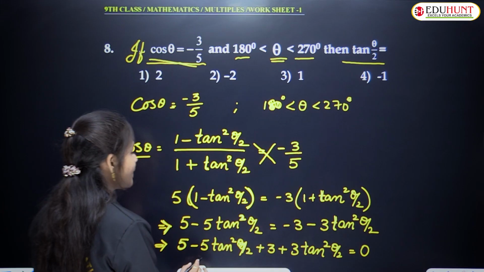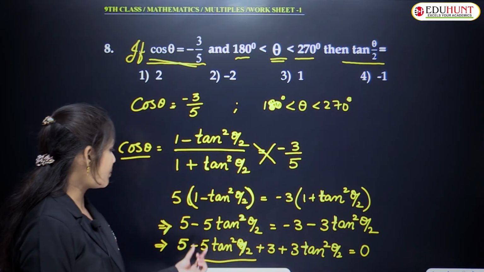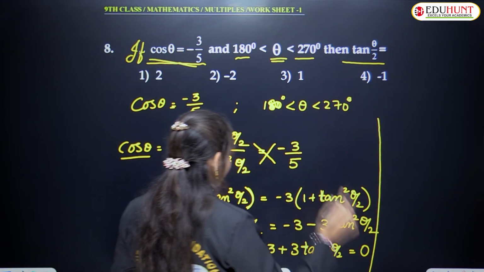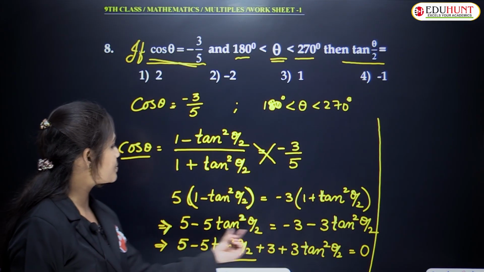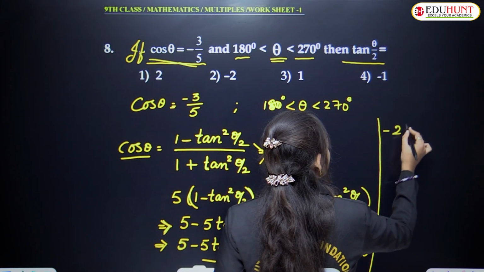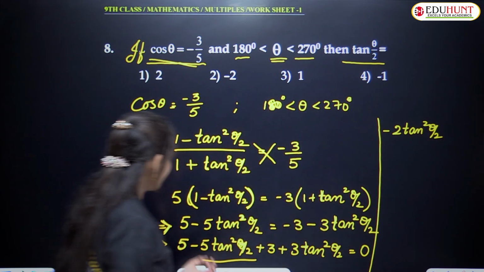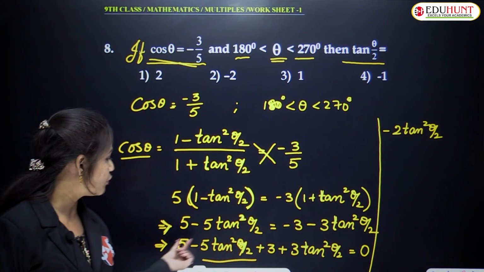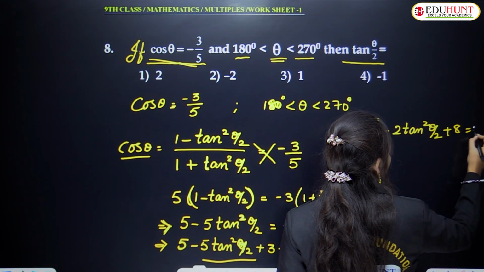So minus 5 tan square theta by 2 plus 3 tan square theta by 2: minus 5 and plus 3 is equal to minus 2. So minus 2 tan square theta by 2. And the constant terms are 5 and 3; 5 plus 3 is 8. So plus 8 is equal to 0.